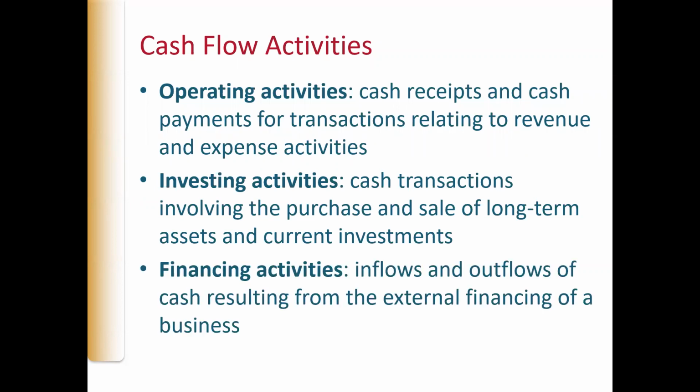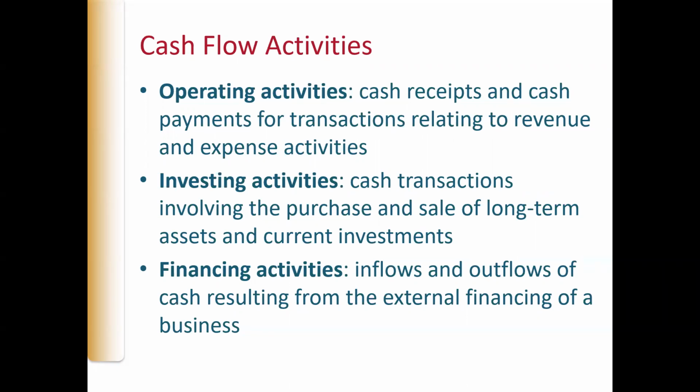Operating activities are pretty much a big portion of the statement of cash flows. This would include receipts and payments for transactions related to why the company's in business, how they make revenue, and the expenses associated with making that revenue. The investing activities only include cash transactions involving the purchase and sale of long-term assets and current investments.